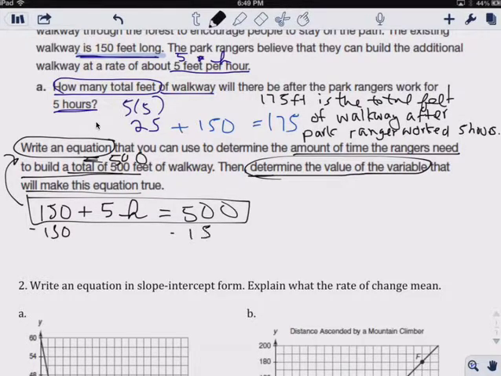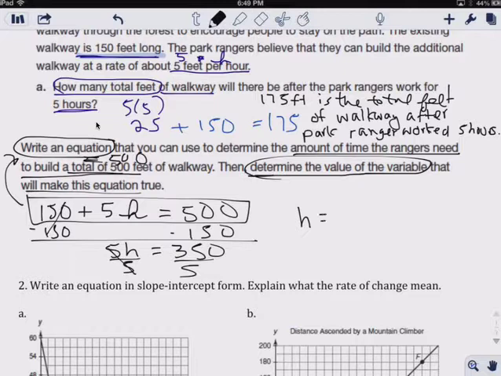Minus 150. 5h equals 350. Divide by 5, divide by 5. H is equal to 70. H stands for hours. So 70 hours will determine the value that makes the equation true. Okay?